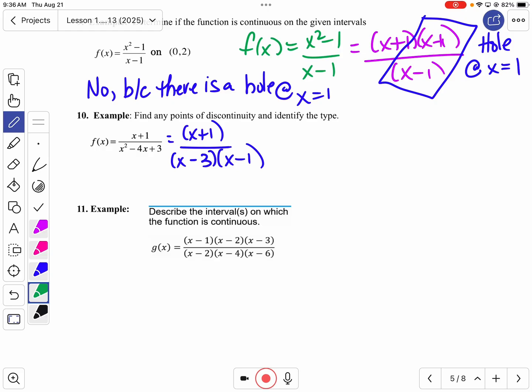I got vertical asymptotes. Those are discontinuities. The denominator cannot equal 0. Where are those asymptotes occurring? x equals 3 and x equals 1. So we have vertical asymptotes there. That is a discontinuity, because if I put 3 in, my paper explodes. If I put 1 in, my iPad explodes. Like, we just can't have that, right?